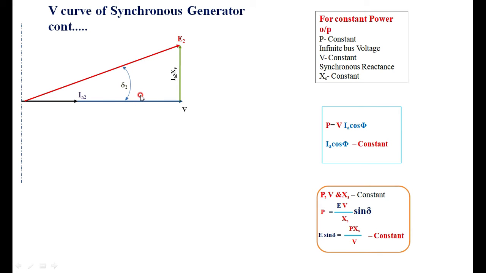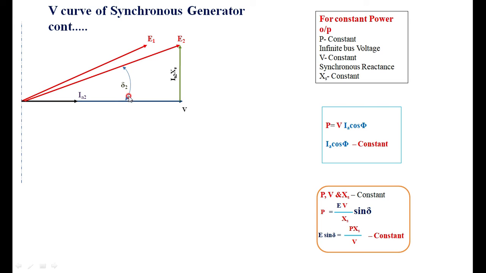Now I am decreasing the excitation, which is called under excitation. If we decrease the excitation, the generated voltage decreases, from E2 to E1.